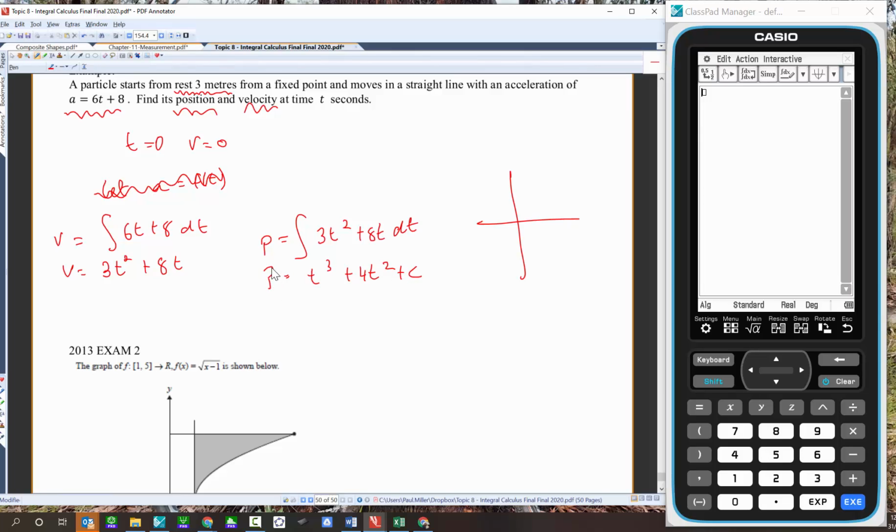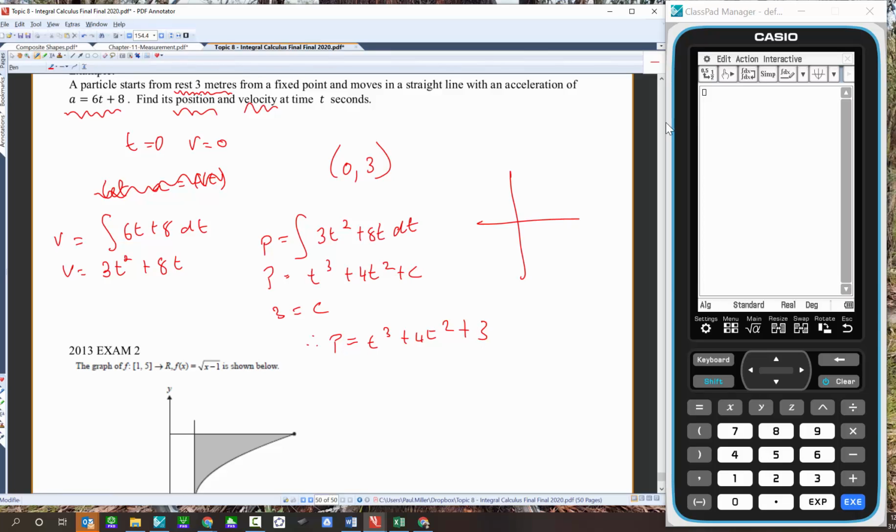Okay, that's our position function. And I know that it starts from rest 3 meters from a fixed point. So at time 0, it's 3 meters from the fixed point or the origin. Now it's positive 3 as well, so I'm presuming that's of note. Okay, so let's sub in that. So 3 is equal to c, therefore p is equal to t to the 3 plus 4t squared plus 3.